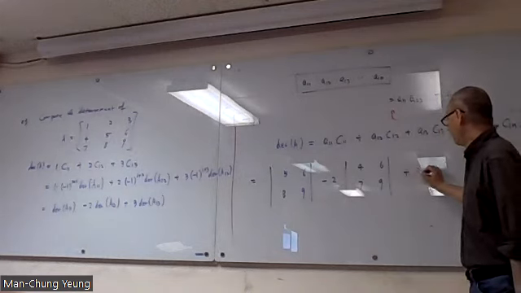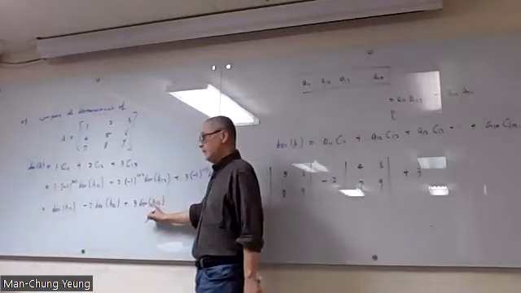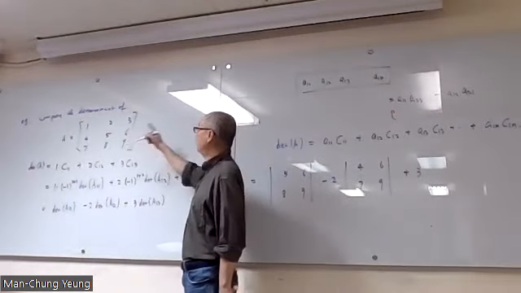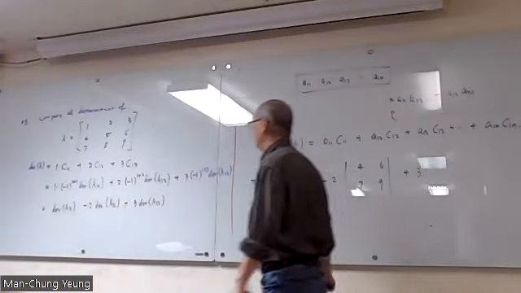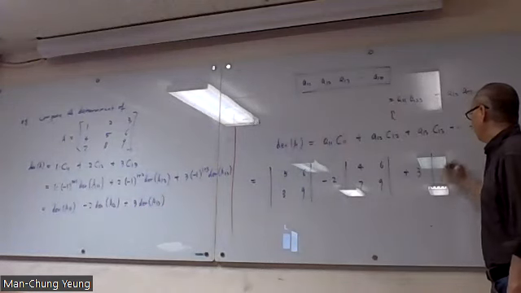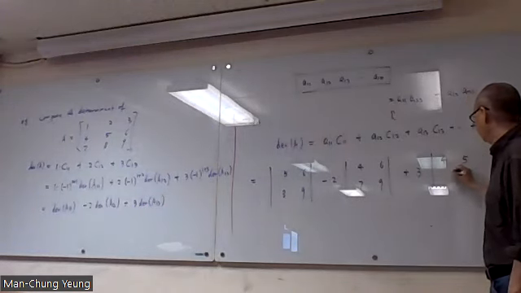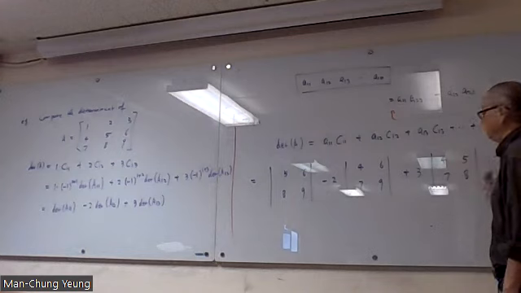Now number 3, capital A13: delete row 1, column 3. So 4, 5, 7, 8.